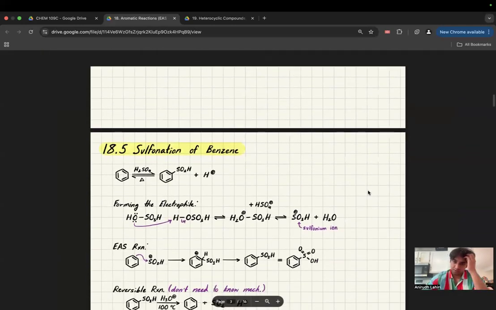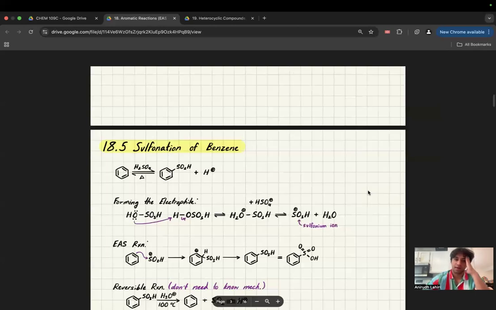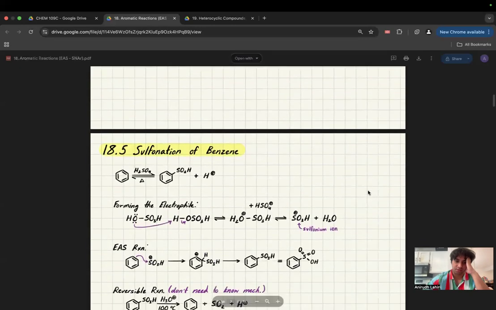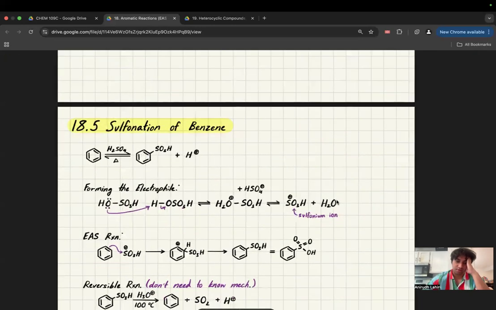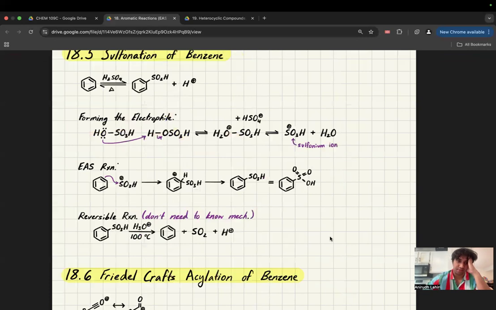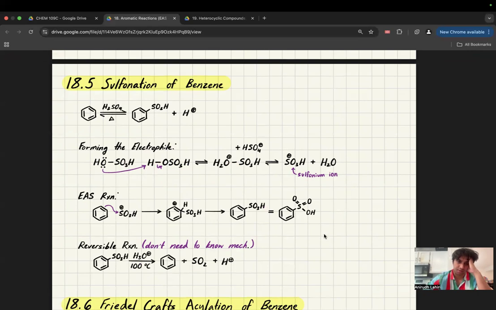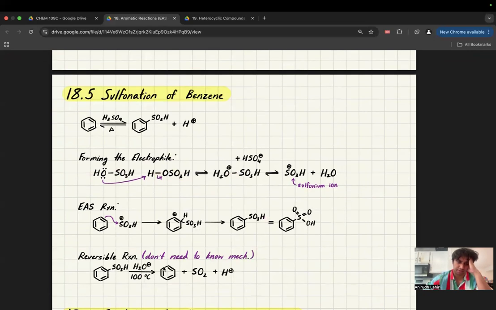Okay. The sulfonation of benzene. Again, it's pretty similar to this. There is one slight caveat. The big difference is that this reaction mechanism is actually reversible, interestingly enough. You're not really on the hook to know why specifically it's reversible.